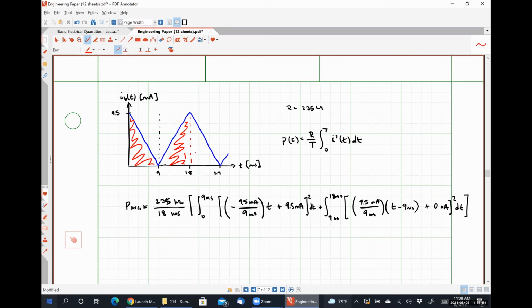So I could either do this, or I could effectively truncate this like this.